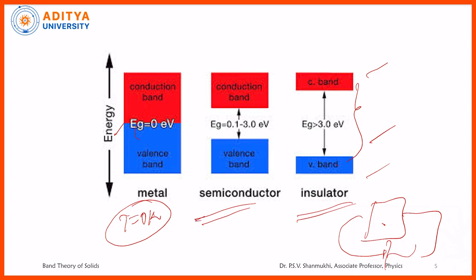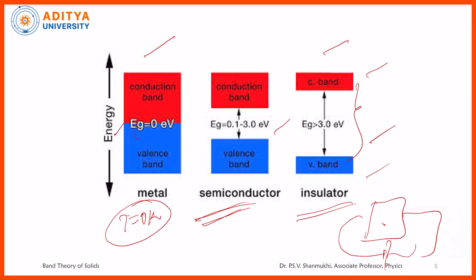Now, coming to the semiconductors, the electrical conductivity of semiconductors lies in between the conductivity of conductors and insulators. The electrical conductivity or resistivity lies in between the values of conductors and insulators. Here the energy gap is less than 3 electron volts.